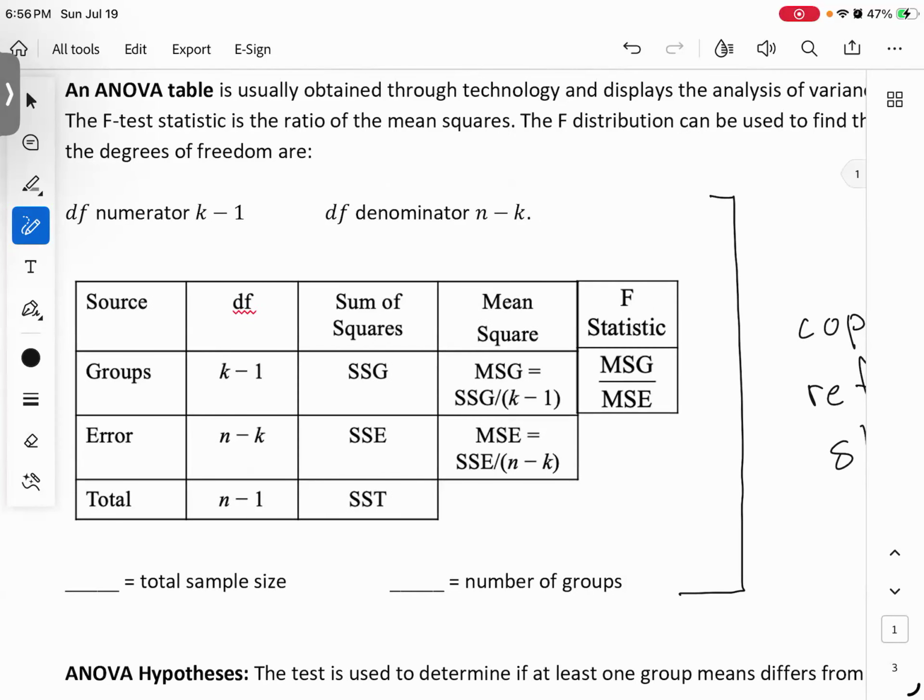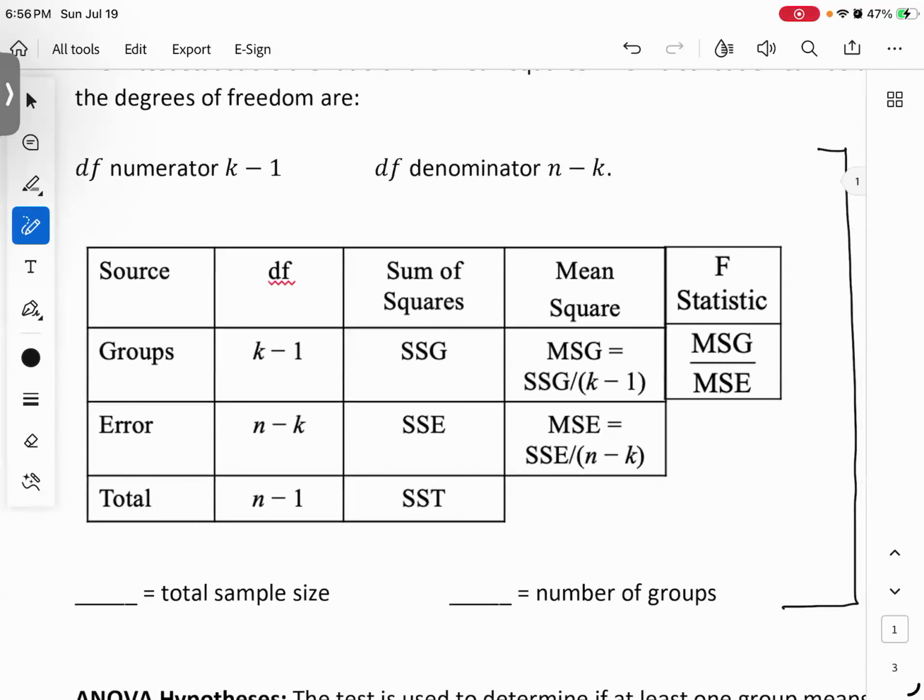This is your ANOVA table. More specifically, it's how to go about filling out an ANOVA table with each of its values: degrees of freedom, the sum of squares, the mean sum of squares, and then also your F test statistic, which would be the value that we're going to use to get our p-value.